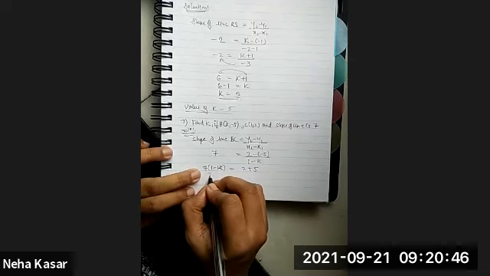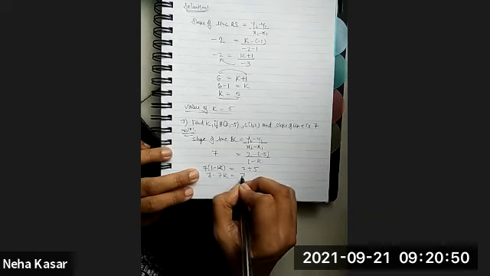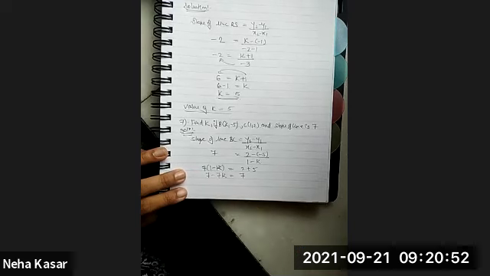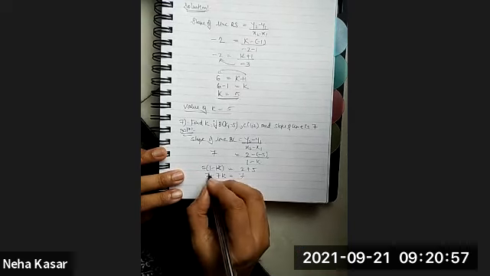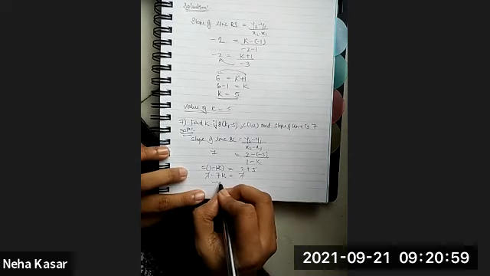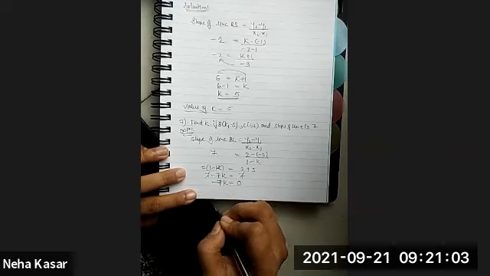So 7 into 1 is 7, 7 into minus k is minus 7k, so that is 7. तो दोनों तरफ 7 हम माइनस कर सकते, तो 7 and 7 will get cancel, तो minus 7k is equal to, ये 0 हो जाएगा.